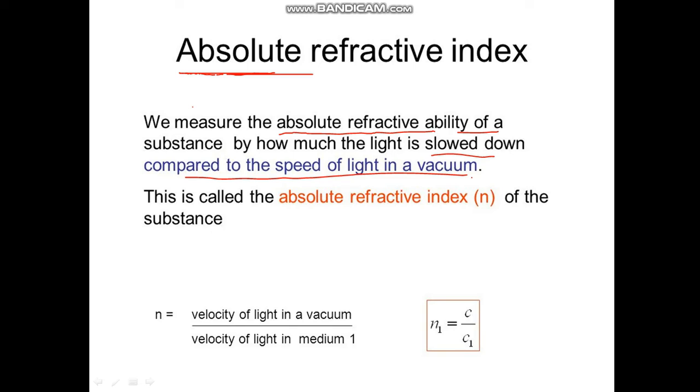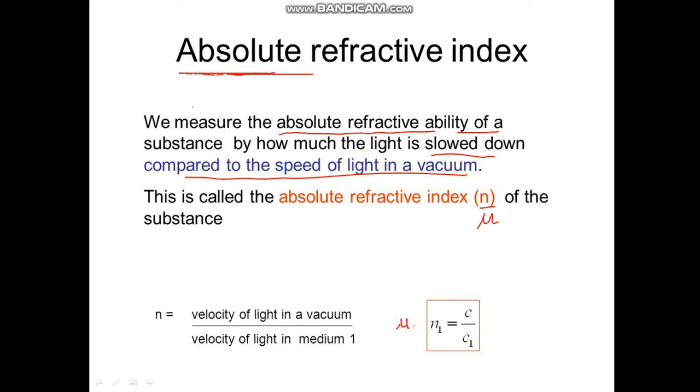So whichever medium it may enter from vacuum, the speed will be lesser. So now remember, absolute refractive index, here the symbol n is written, but you can even use mu, is equivalent to speed of light in vacuum upon speed of light in medium 1.